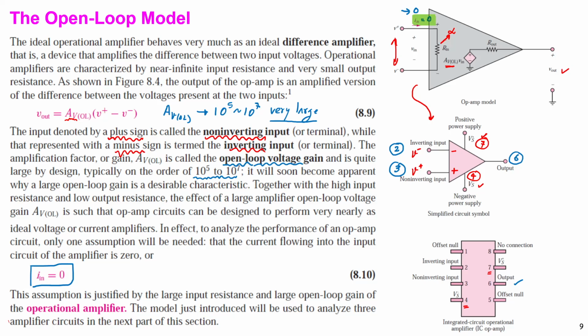No current flows into the input side, and none from the output either, right? The op amp just increases the voltage signal. Only the power supply is needed. This is the basic property of the op amp.